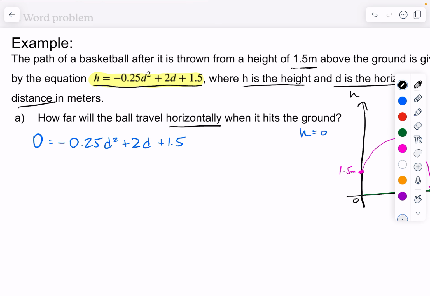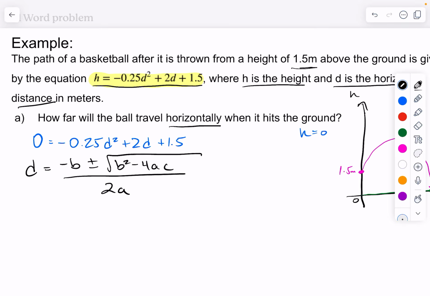Well, we remember that if I have a quadratic equal to 0, then I can use that quadratic formula. Right? D, in this case, not x, is equal to negative b plus or minus the square root of b squared minus 4ac over 2a. Right? And we can see right here that that's a, that's b, and that's c.